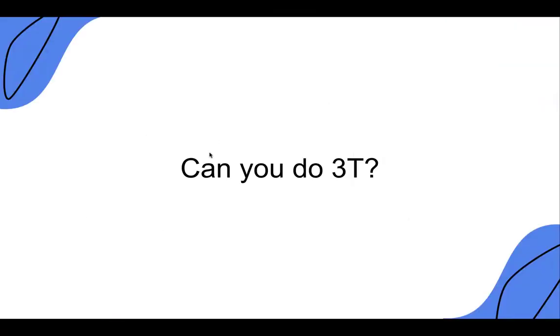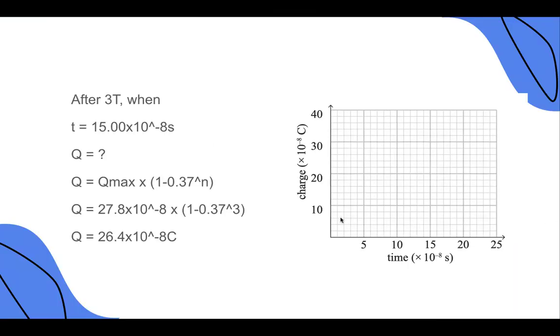So let's keep going. Can you do 3T and 4T on your own? I'll give you some time. You ready for an answer reveal? Cool. So after 3T, when time is 15 times 10 to the negative 8, charge is 26.4 times 10 to the negative 8 coulombs.